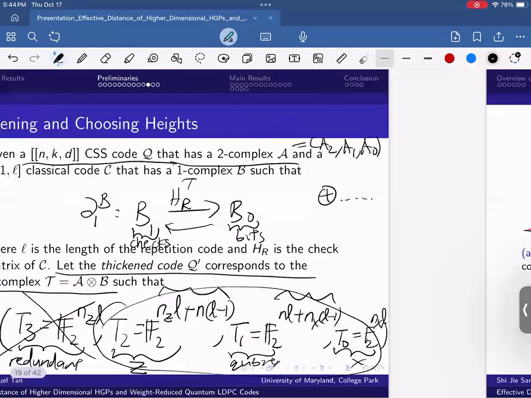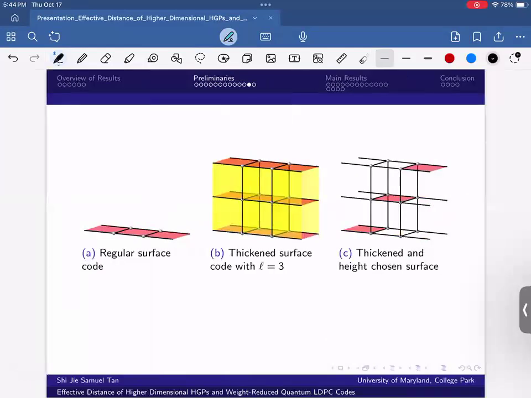I will give you a very nice picture that was painstakingly constructed using TikZ. This is an example of a regular surface code. For those who are not familiar with the surface code, the edges themselves are the qubits. The gray balls are the X stabilizer generators.